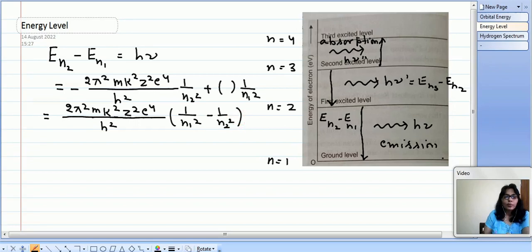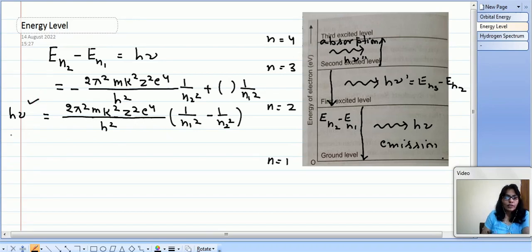This is equal to h nu. So if an electron jumps from energy level n2 to energy level n1, then the difference between the energies is emitted in terms of a photon having frequency nu, and this relation is given by this equation.